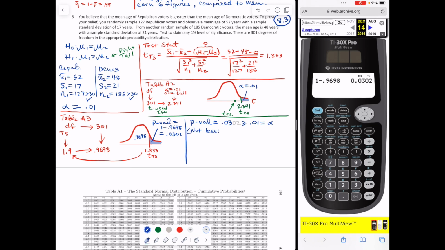Okay, so what that means is we're going to fail to reject the null hypothesis. And we don't support H1. H1 had said that mu1 is bigger than mu2.